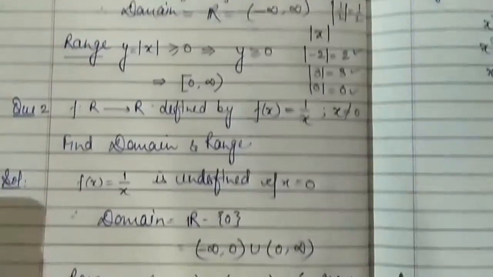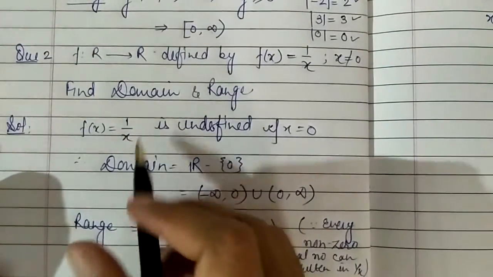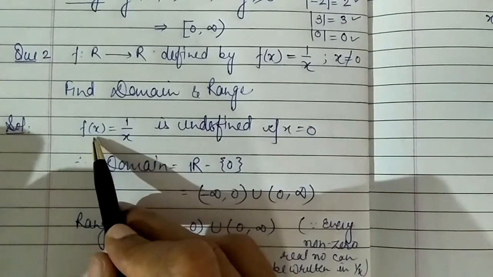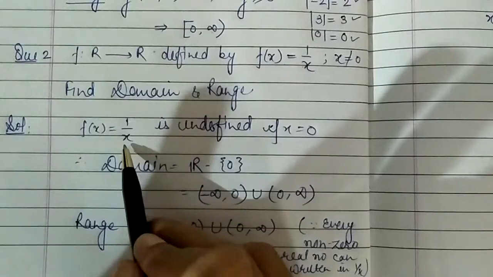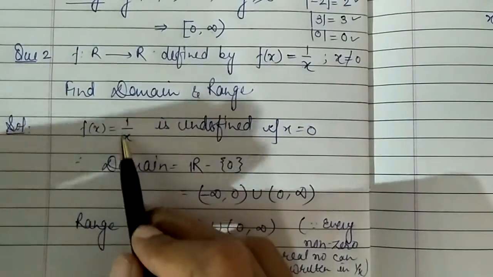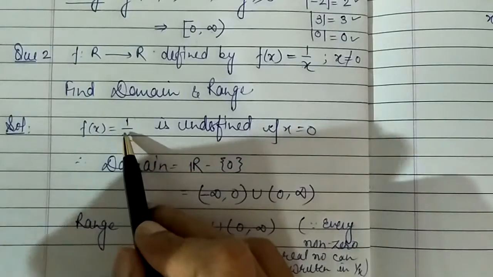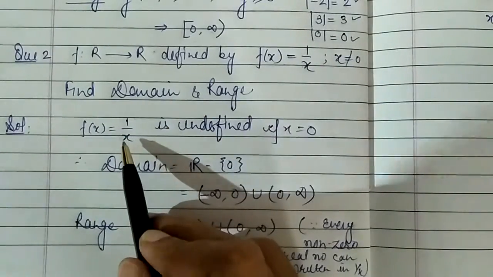Here our f(x) is 1 by x. So we can see, we can calculate the value of f for every x except 0. If we put here 2, f(x) will be 1 by 2. If we put here 3, 1 by 3. If we put here x equal to 1 by 3, then f(x) will be 3.